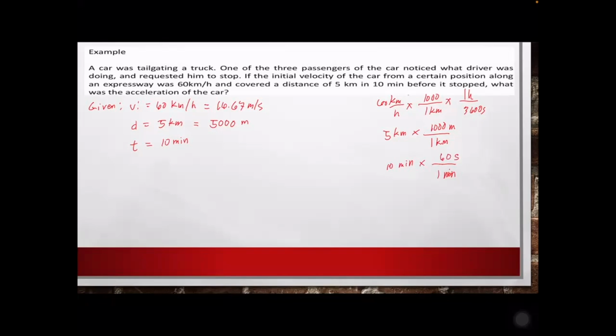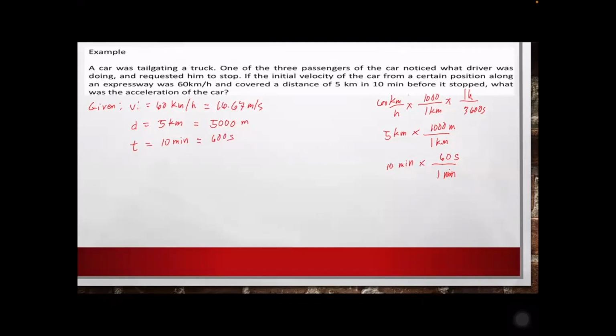What's the answer? 10 times 60. Magkakaroon tayo ng 600 seconds.